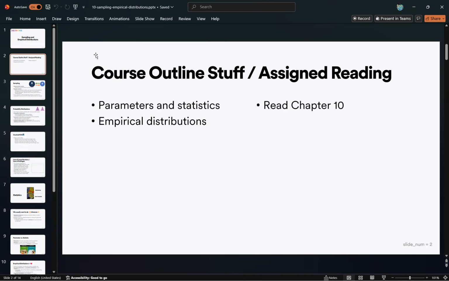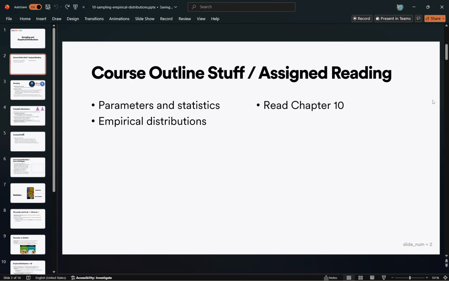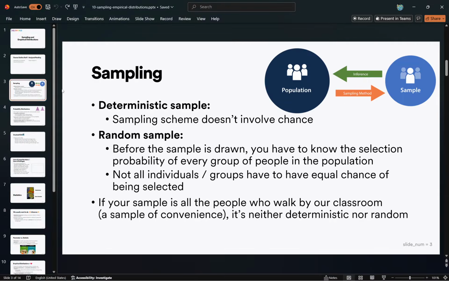So, okay, this is chapter 10 stuff. Please look into that. And I just want to kind of go over the first slide, I think. I might show an example of this, but we'll see. So yeah, I just want to go over this slide, I think.